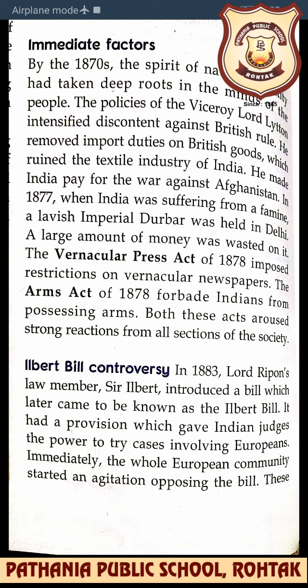And the Arms Act of 1878 forbade Indians from possessing arms, meaning Indians were not allowed to carry any kind of weapon. Both these acts aroused strong reactions from all sections of society.